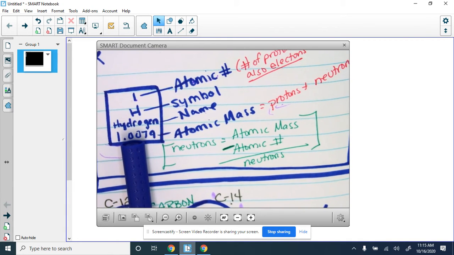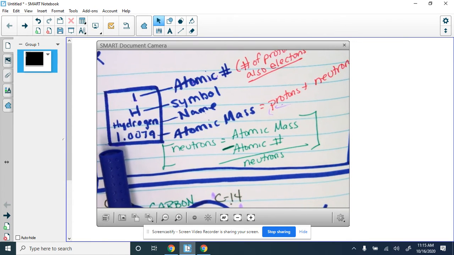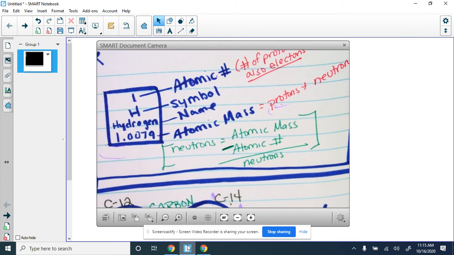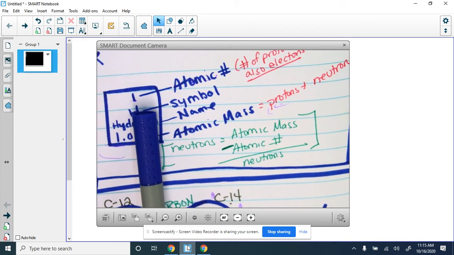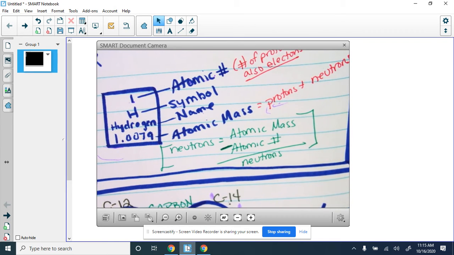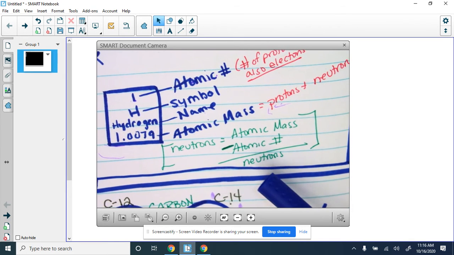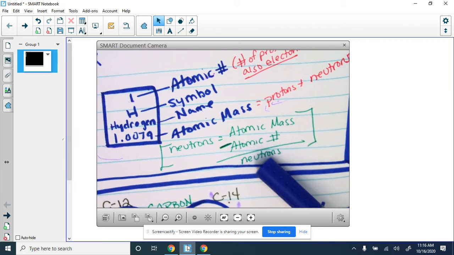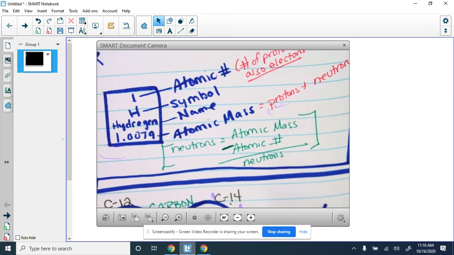So if I look at the second number and it's below 5, I leave the number the same. So 1.0079 would round to a 1. And I subtract the number of protons, because this is protons plus neutrons, subtract my protons, which is 1, and I'm left with my number of neutrons, which would be 0. So usually there are 0 neutrons in a hydrogen atom. However, we do have that 0.0079, and I'm going to explain where that comes from in a minute.